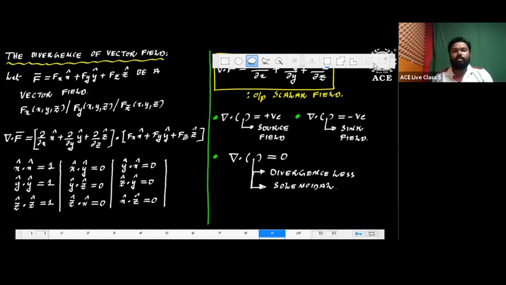Okay, well and good. These are some of the terminologies which you need to remember.